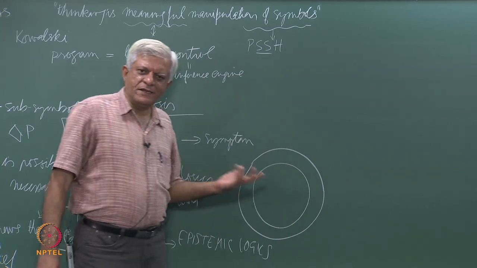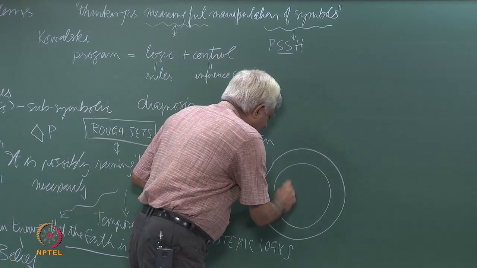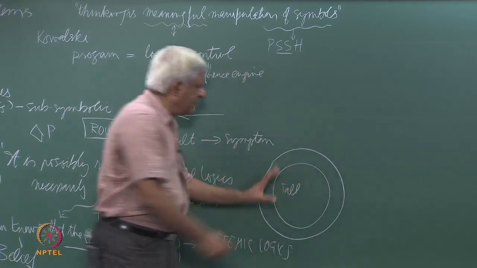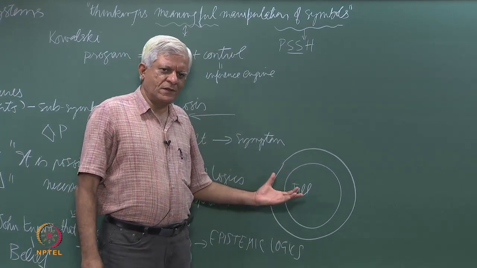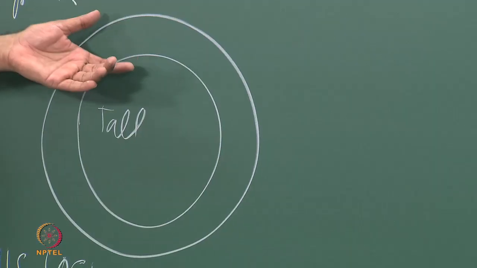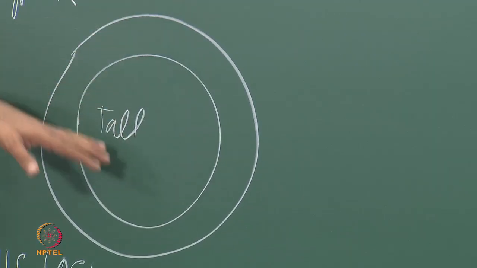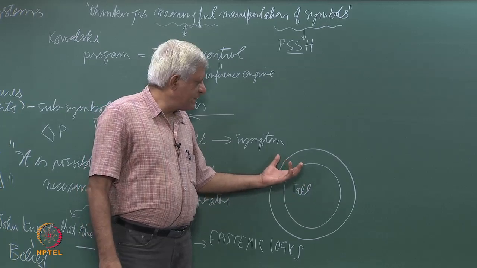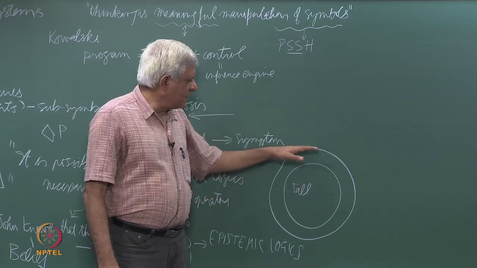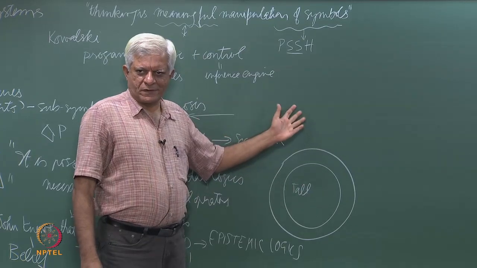Anything inside the inner circle is definitely tall, necessarily tall, and anything inside the outer circle but outside the inner circle is possibly tall, but not necessarily tall, and anything outside both the circles is not tall.